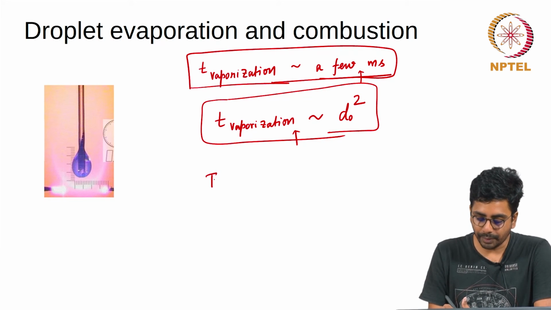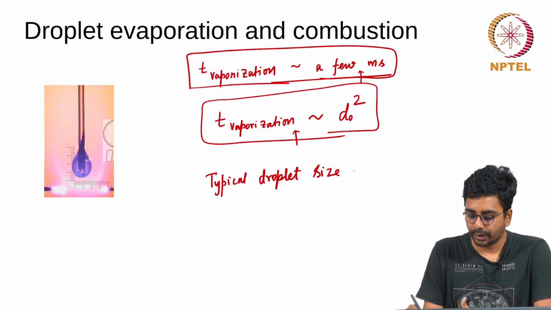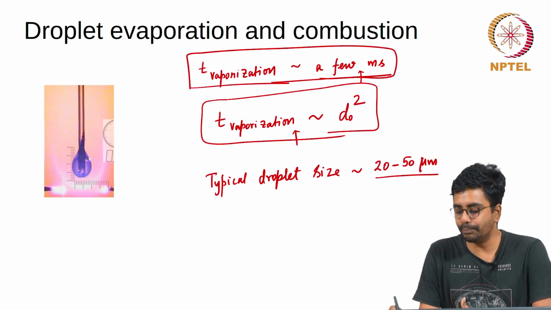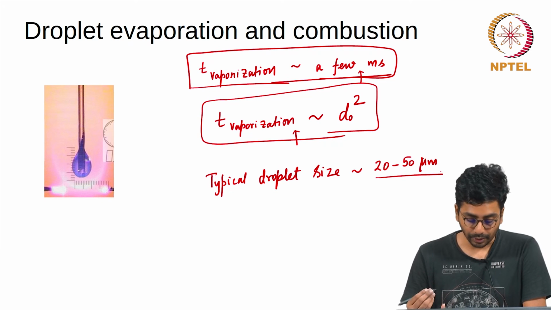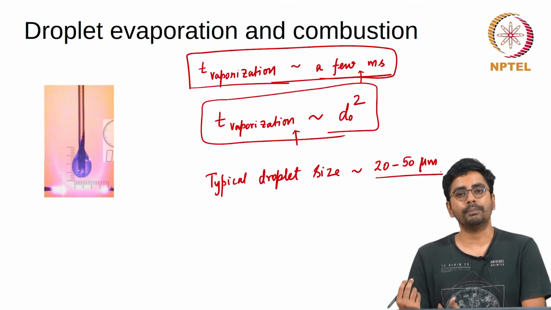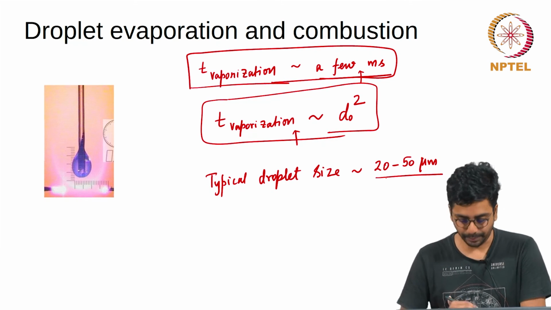So typical droplet sizes will be about 20 to 50 microns. It cannot be much more than this, simply because the time available for vaporization will be lower, leading to incomplete combustion if the droplet sizes are larger.